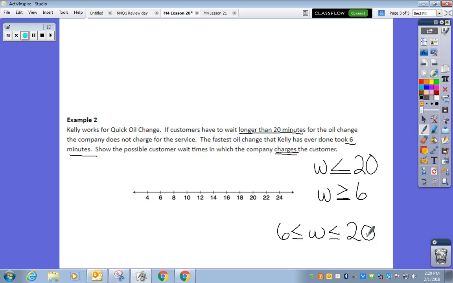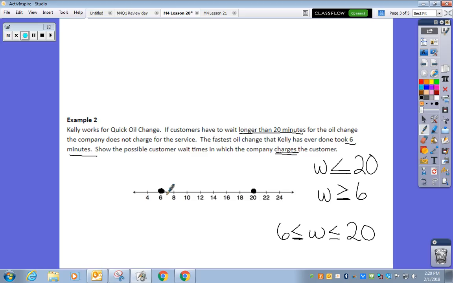When putting that on the number line, at 6, because there's a line underneath this, we would put a closed circle. And at 20, because it would include 20 minutes, I would also put a closed circle. So W is greater than, and it helps to use the broken down statements here, W is greater than 6, but it's less than 20.